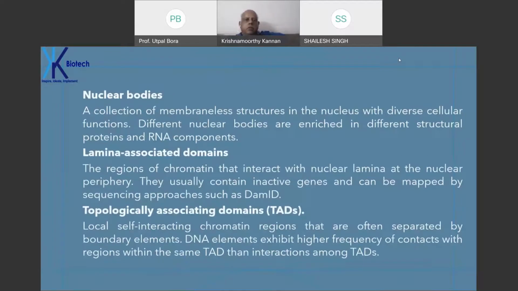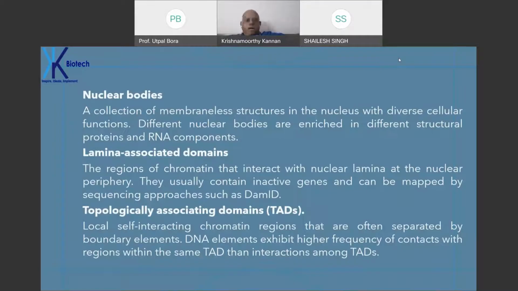Then there are what are called nuclear bodies, a collection of membrane-less structures in the nucleus with diverse cellular functions. Different nuclear bodies are enriched in different structural proteins and RNA components. So it's quite a complex system, the nucleus. There are a lot of nuclear bodies there.